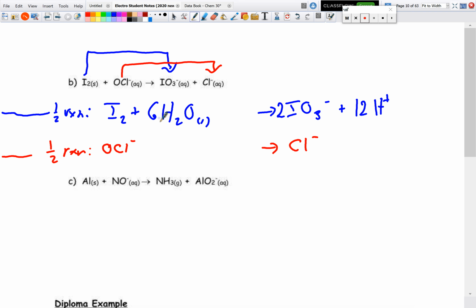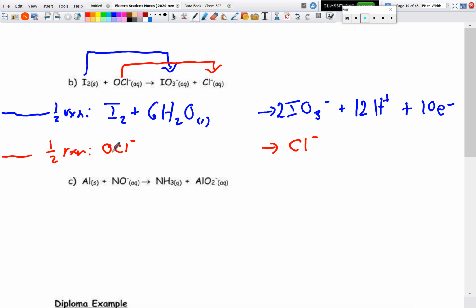On my reactant side, iodine has a 0 charge and water has a 0 charge, so we have 0 charge on my reactant side. On my product side, I have 2 negative coming from IO3 and 12 positives coming from my hydrogen, so I have a positive 10. In order to balance this, I need to add 10 electrons on this side to bring me down to a neutral 0 charge.